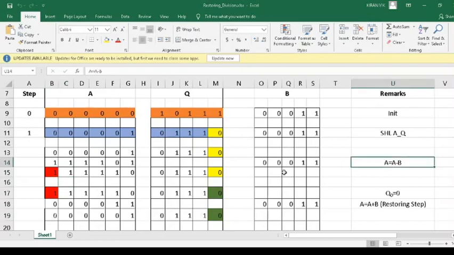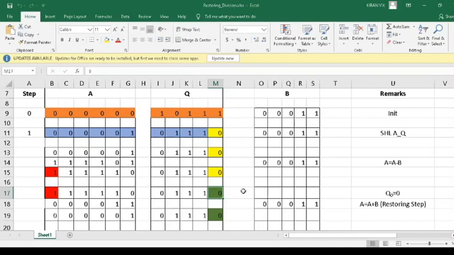If A minus B gave a negative result, it means that your shifted Q0, or this new Q0 that you fixed as 0, has to be kept as 0 itself. So we are going to fix this bit as 0 itself, shown in green color. Here we can see a transition of the yellow field to green field.